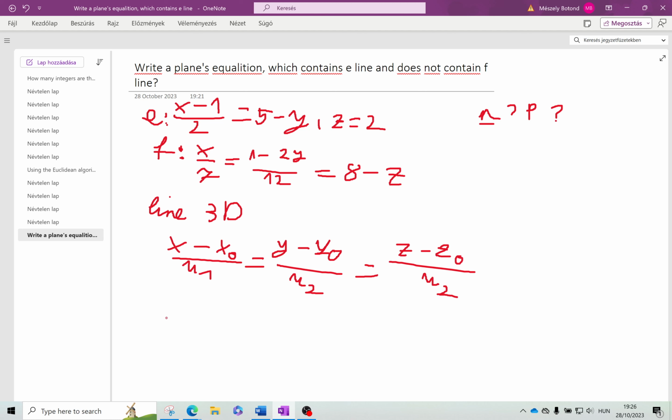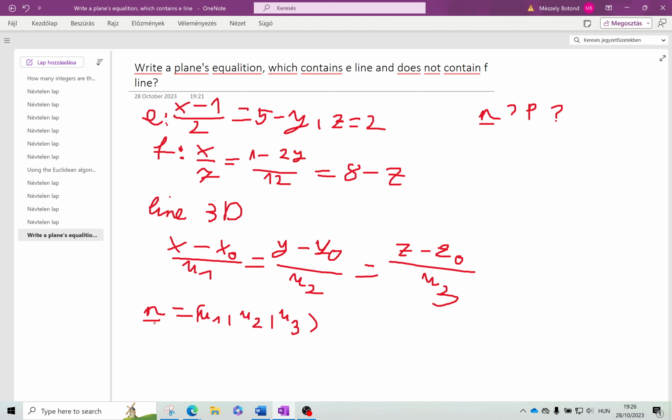And from this, n is the normal vector and n has u1, so the x, u2, which is the y, and u3, which I messed up again.